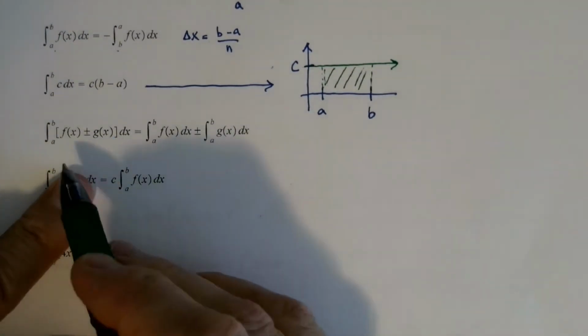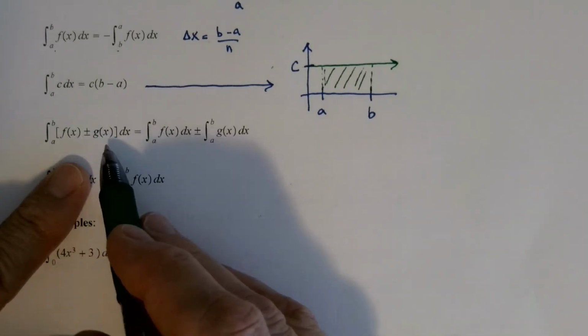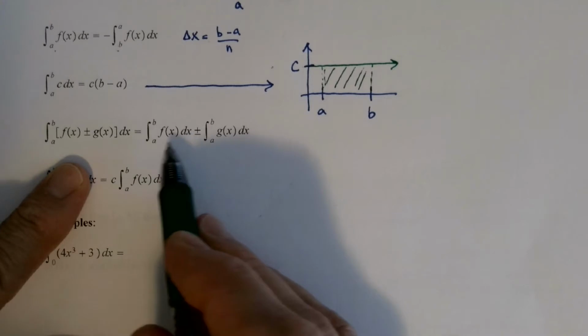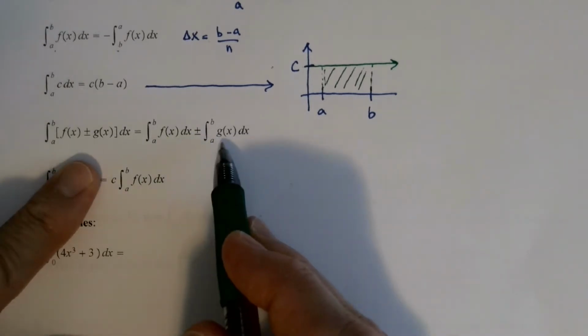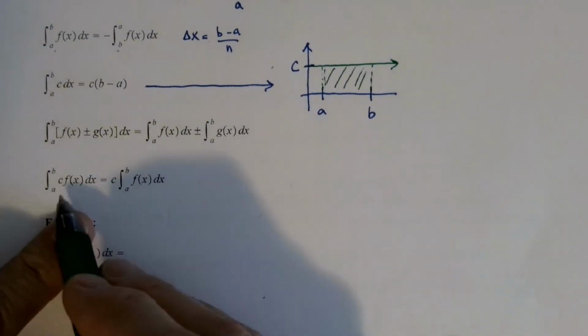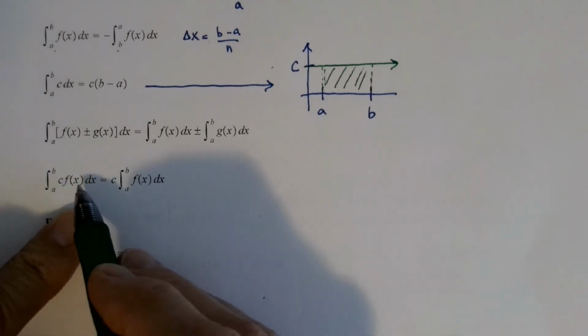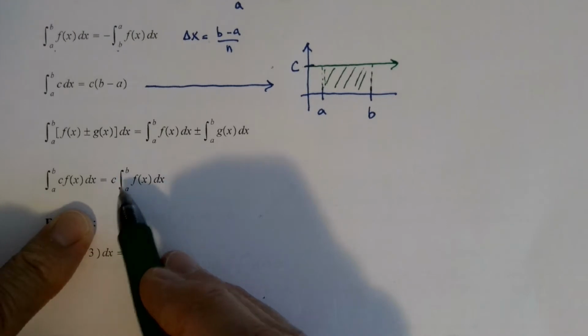The integral from a to b of f of x plus or minus g of x is equal to the sum or difference of the corresponding individual integrals. I think that makes sense, that you can add and combine those. Similarly, if you have a constant times a function, that constant can come outside of the integral.